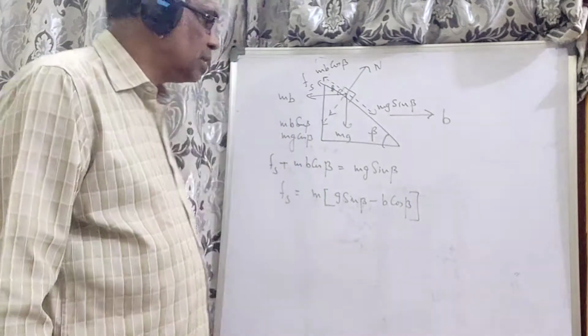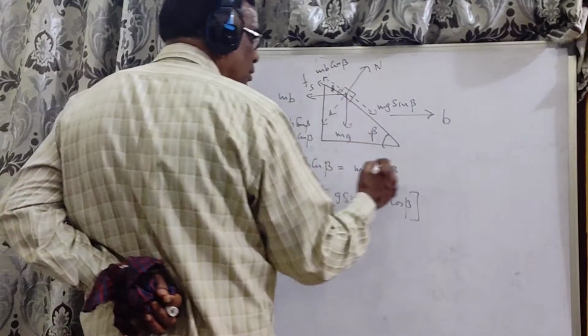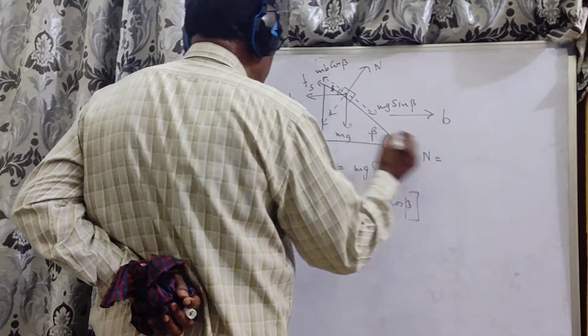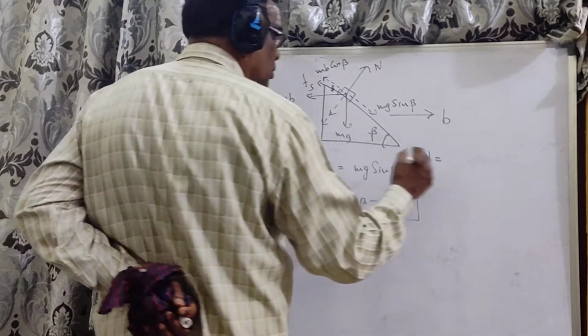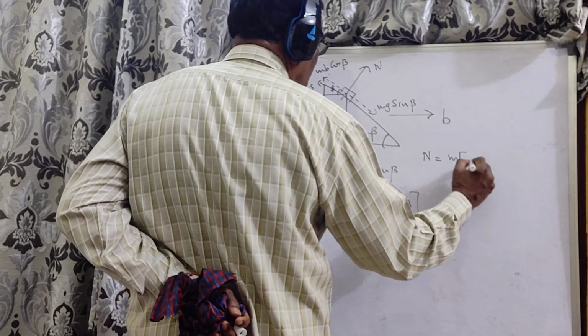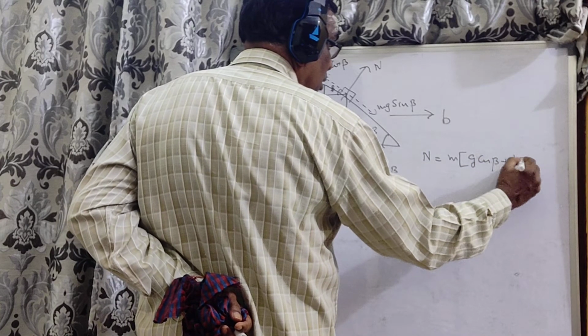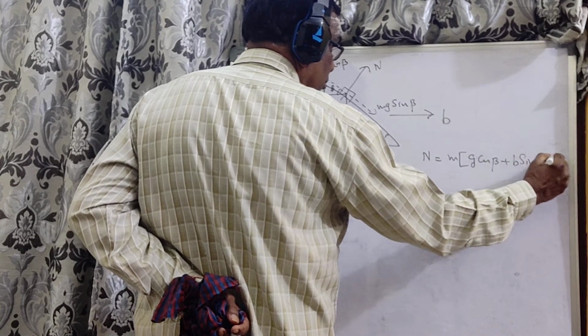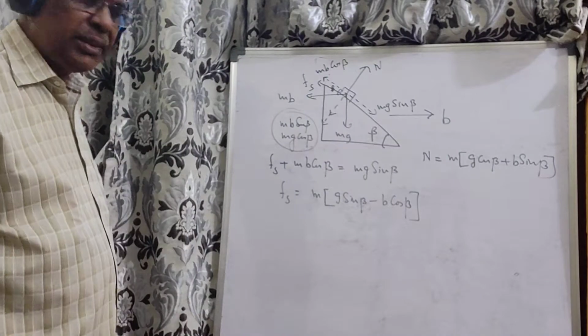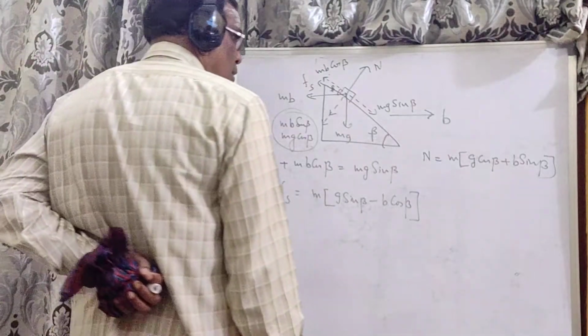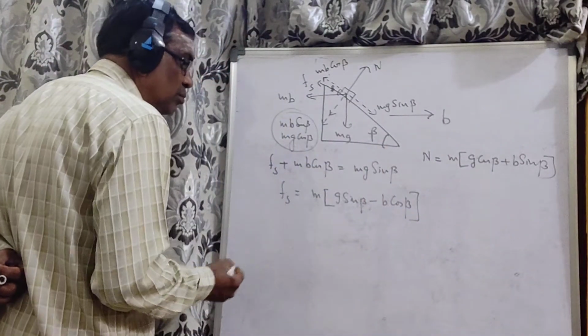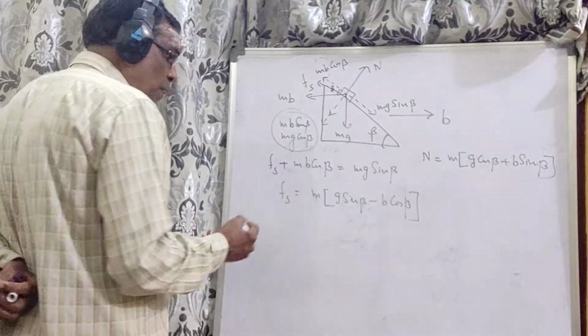You can see here. And what is N? Sum of these two. m into g cos beta plus b sin beta. That is your N. And that can never be 0. But Fs can be 0.